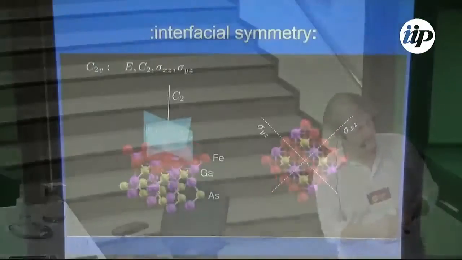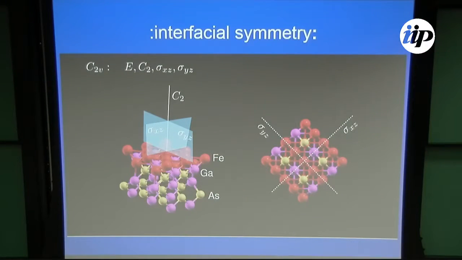So if you look at the symmetries of this slab, looking from the top, these are iron atoms, this is gallium arsenide, these are the mirror planes, sigma xz, sigma yz. So this is the C2v symmetry, which has only 4 group elements.